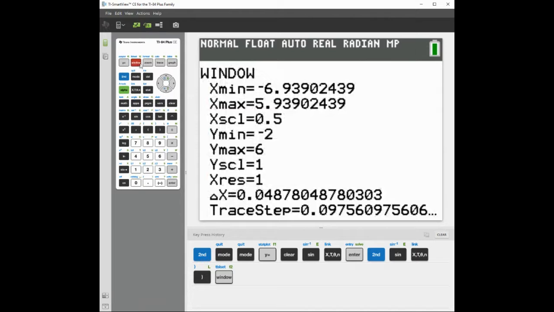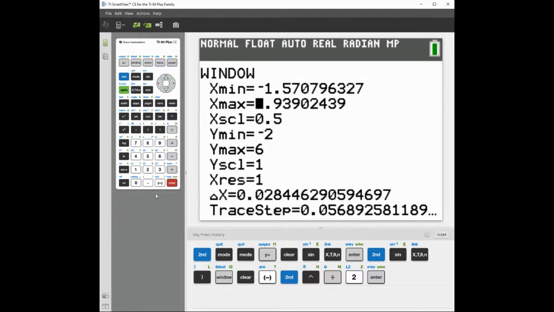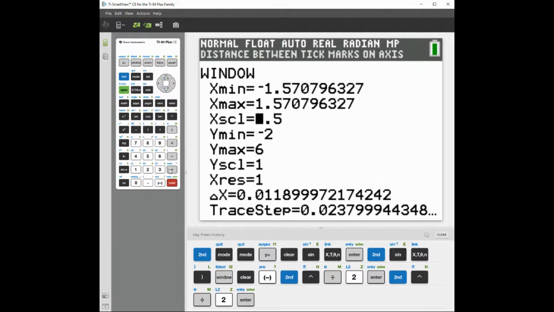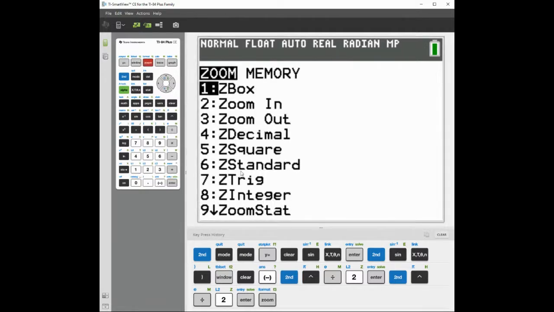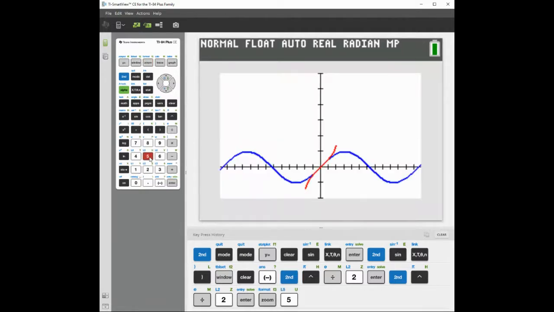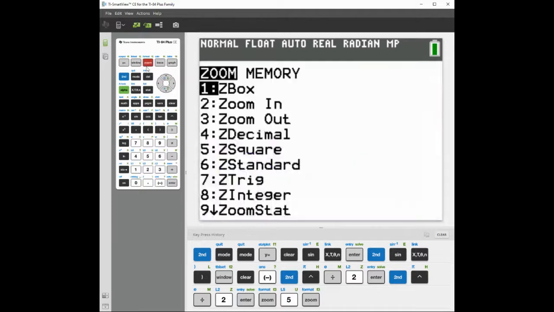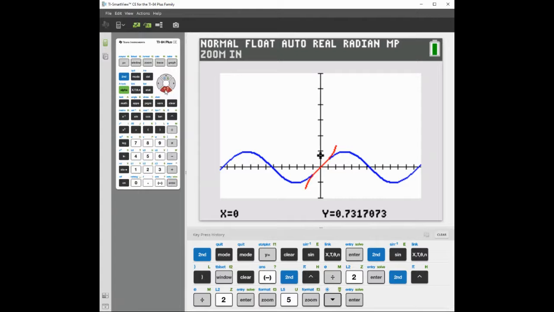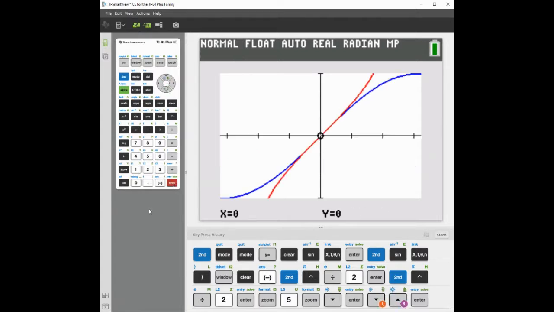And let's restrict it from, let's see, negative pi over 2 to pi over 2. All right, and I'm going to do zoom square just so that I have a correct representation of it. Okay, so let's zoom in a little bit. All right, perfect.